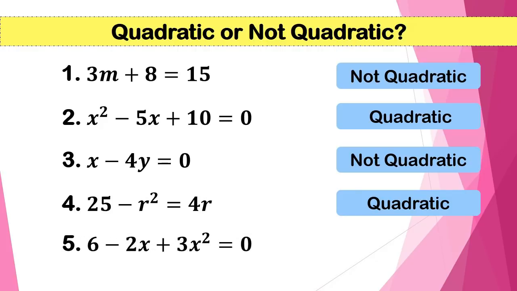Next, number 5. We have here 6 minus 2x plus 3x squared equals 0. Based on the given example, the highest degree that we have here for number 5 is 2. Since the highest degree is 2, we can say that this is a quadratic equation. The same thing kay number 4, hindi nga lang siya written in standard form. Baligtad lang siya, but still they are the same.